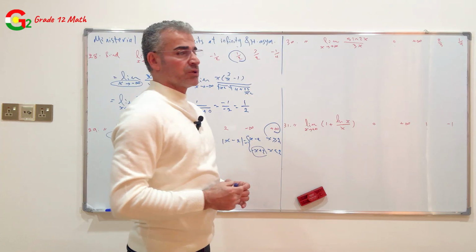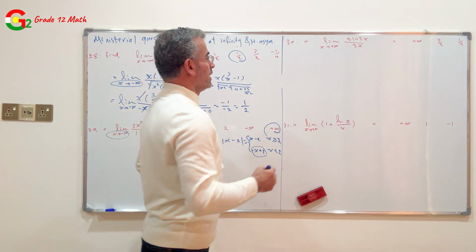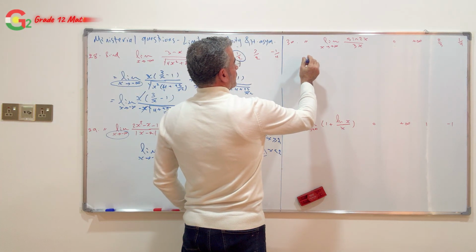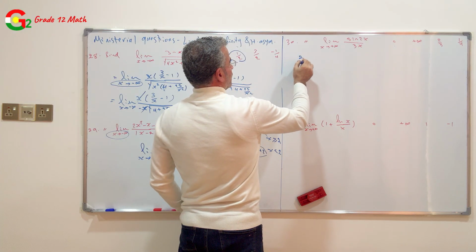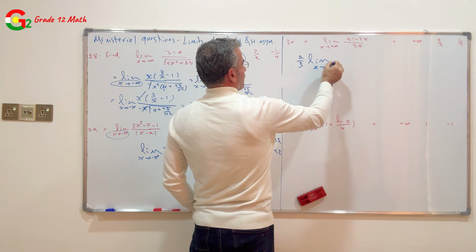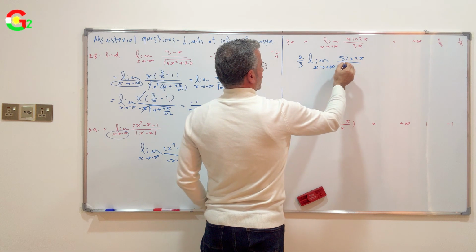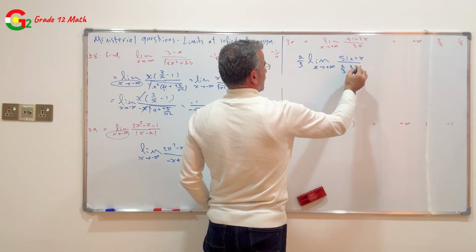Question number 30. Find limit x approach to positive infinity for sine 2x over 3x, multiply by 2 over 3, limit x approach positive infinity, sine 2x over 2 over 3 times 3x.